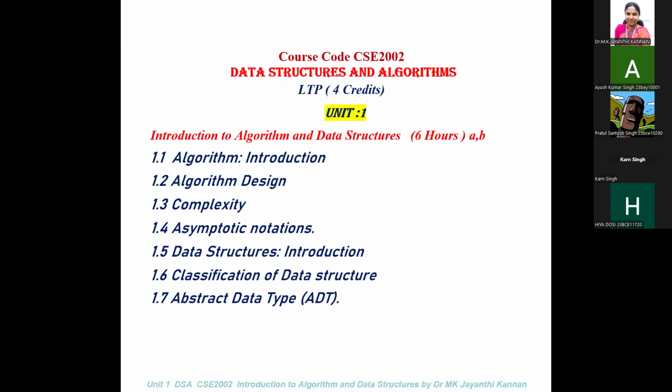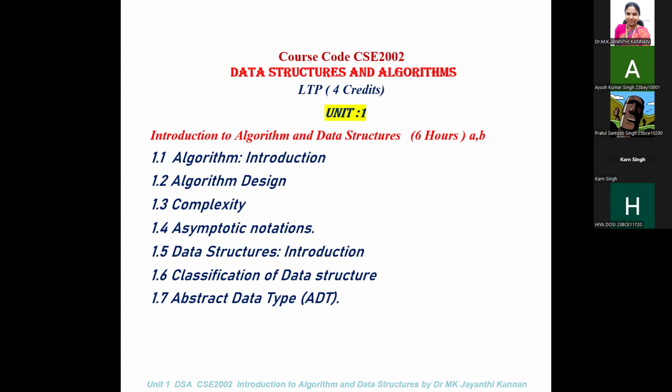You check it out. Okay, our next topic, our first unit is Introduction to Algorithm and Data Structures. So only 6 hours is given for this particular unit one. So 6 hours means within 4 classes we have to complete this unit one. 4 classes means Friday, Saturday, Tuesday, Wednesday.